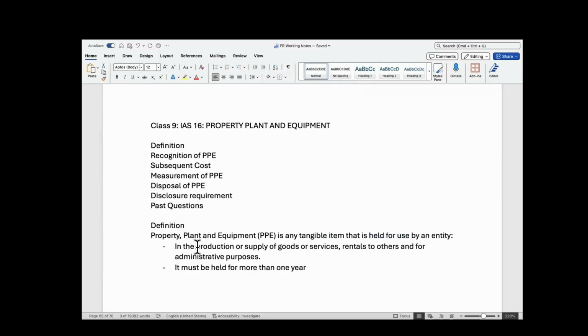Number one, for production or supply of goods or services, rentals to others, and for administrative purposes.